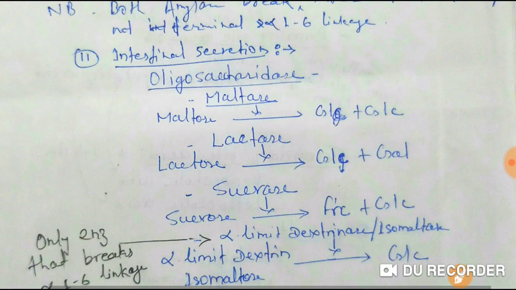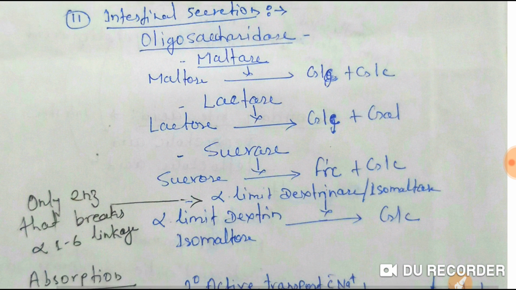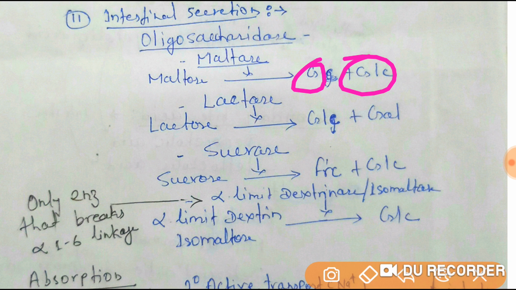Discussing the intestinal secretion, here the oligosaccharidases include maltase, lactase, sucrase. Maltase acts on maltose, which breaks into glucose and glucose molecules.